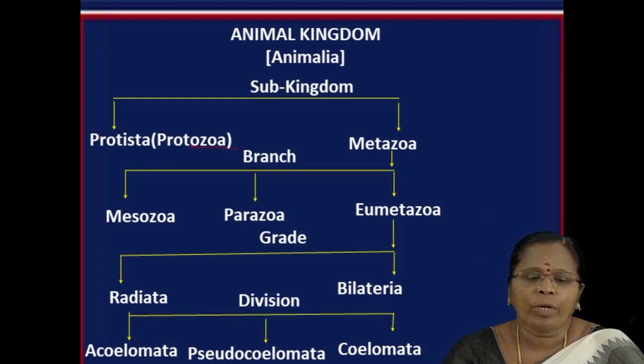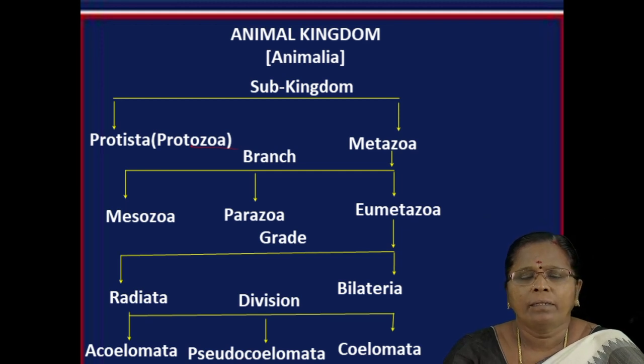The Mesozoa: these organisms have characteristic features in between the Protozoa and the Metazoa. Such kinds of animals are placed in the Mesozoa. Here the cells are differentiated into somatic cells as well as reproductive cells. Parazoa: sponges are placed in the branch Parazoa.